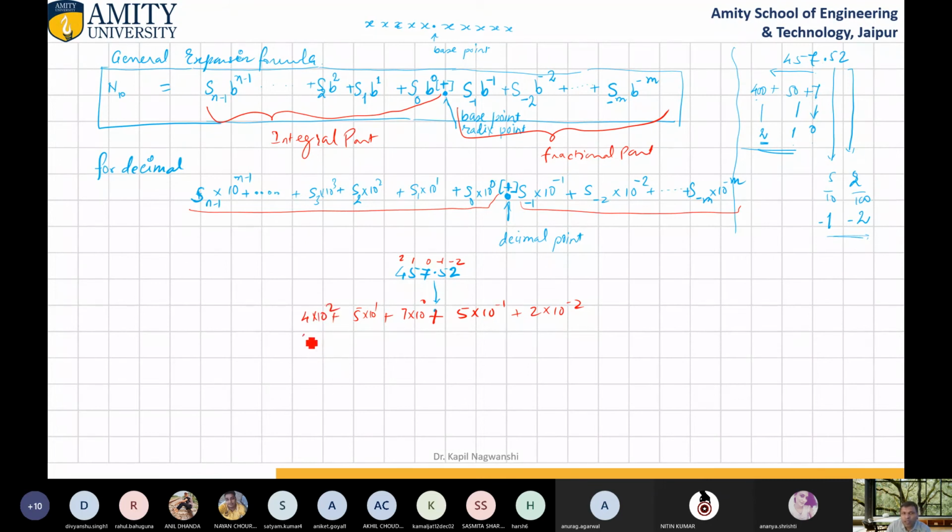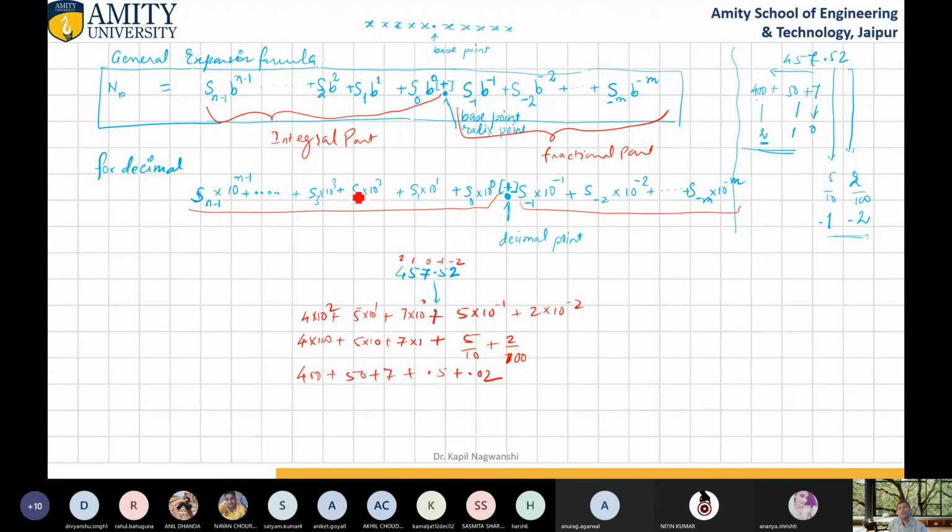Now if we expand, it will become 4 into 100 plus 5 into 10 plus 7 into 1 plus 5 divided by 10 plus 2 divided by 100. Agree or not? And if we write again, this will become 400 plus 50 plus 7 plus 0.5 plus 0.02.